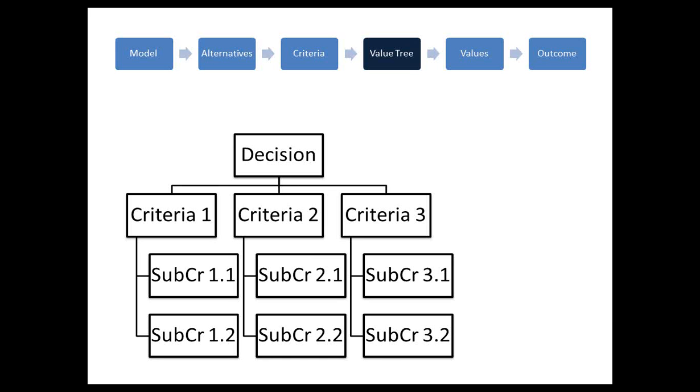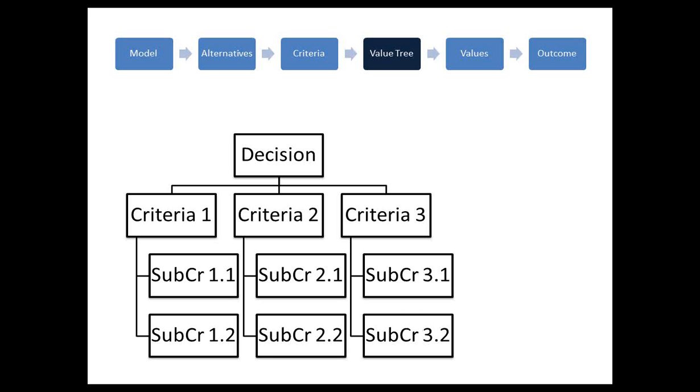The shape of the value tree is first and foremost dependent on the underlying characteristics of the criteria. So these criteria must be related in some way to criteria 1. And the same is true for the criteria that you put under criteria 2. So the higher level criteria describe some comparative characteristics of the underlying subcriteria.